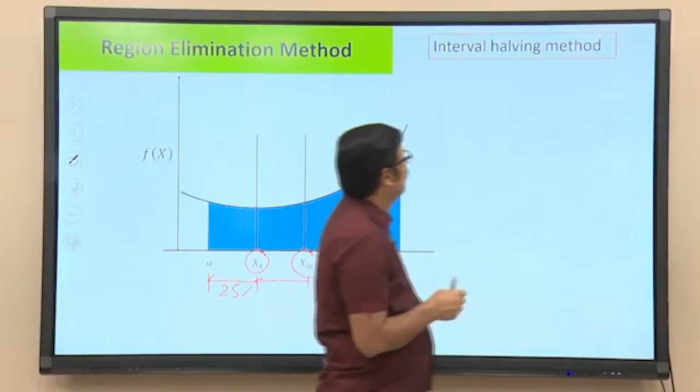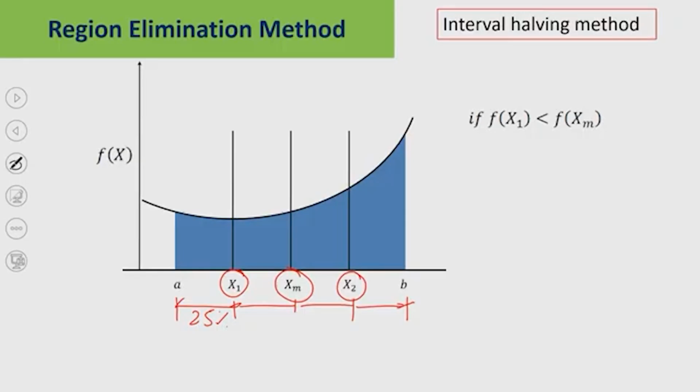Now, what will I do? We will apply the region elimination rules. If f of x1 is less than f of xm, what does it mean? Optima is not there in this particular region, because f of xm is greater than f of x1. Therefore, you can eliminate this particular region.